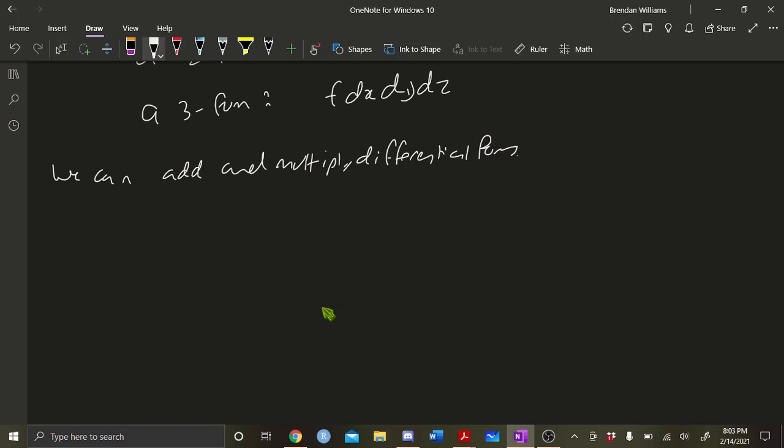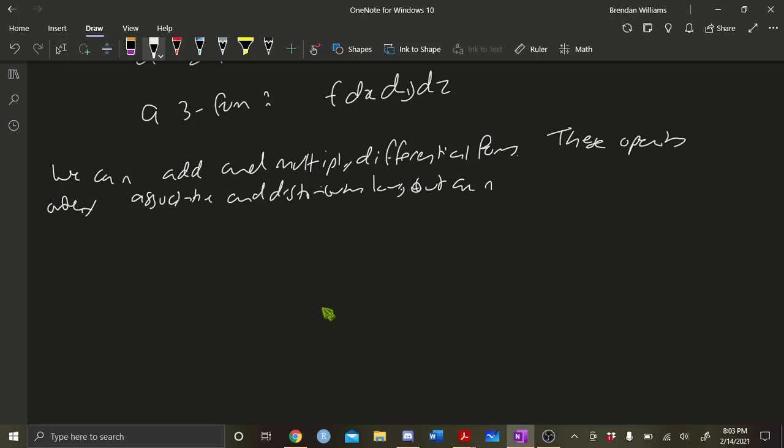Okay, and these operations obey associativity and distributive laws. But they are not commutative.